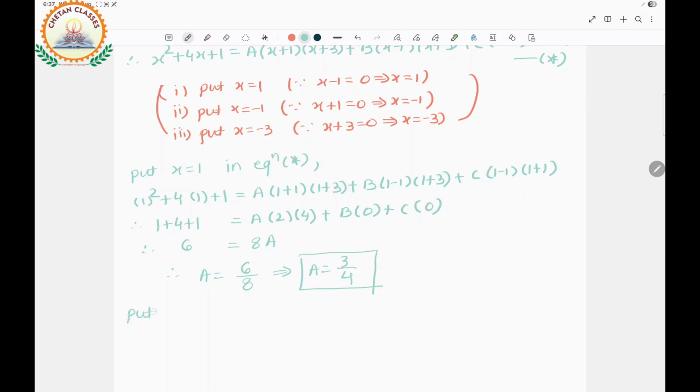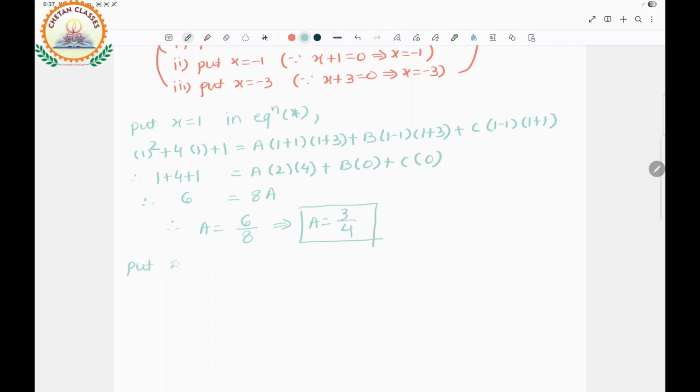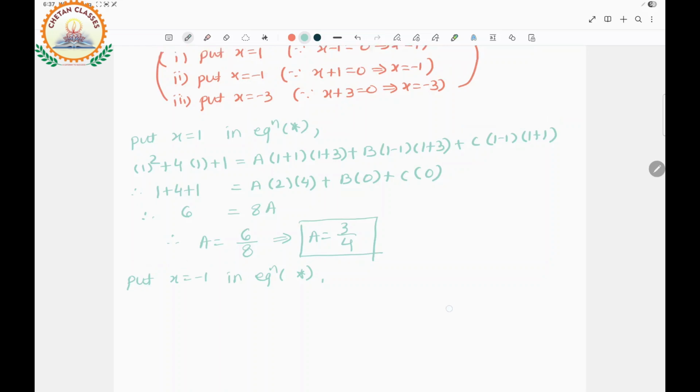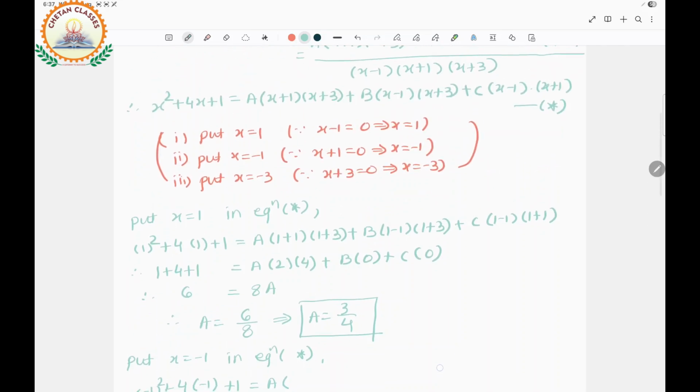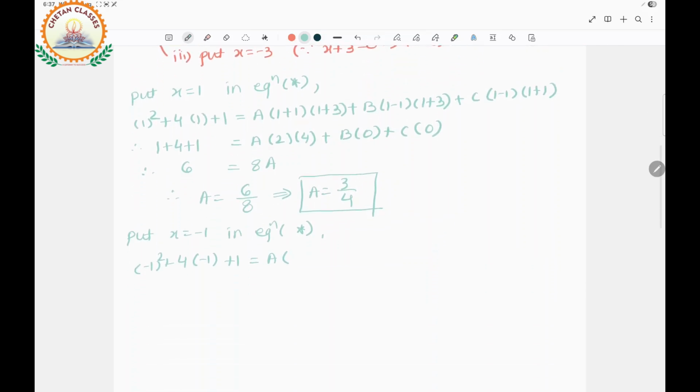Now put x is equal to −1 in equation star. So we get here (−1)² + 4 into (−1) + 1 is equal to A into (−1 + 1).